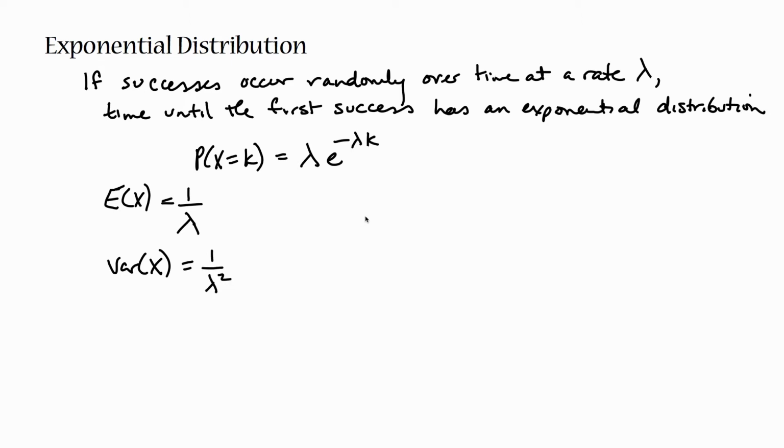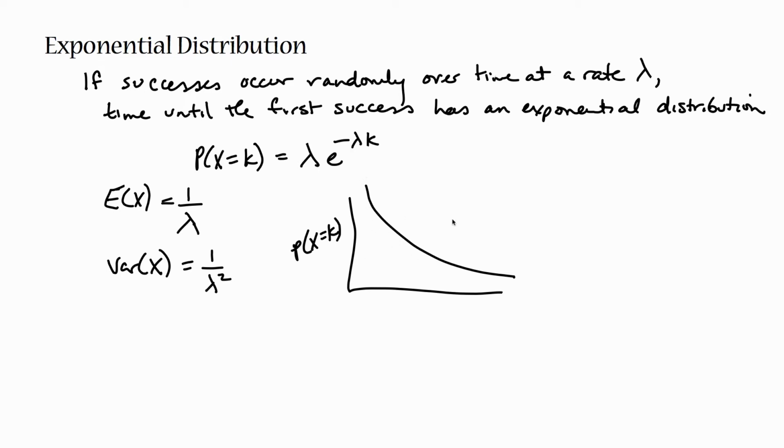What are the probability density functions going to look like? The simple probability density function, x is equal to k, tends to start high and just go down over time, because we're waiting for our first success, so it's less likely that the first success is going to be far out in time, and more likely that it'll be early.